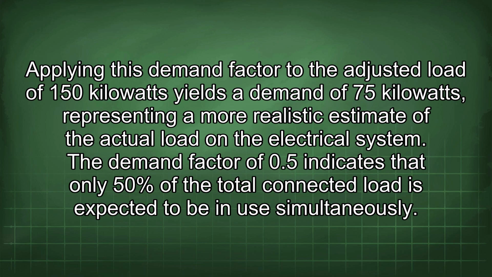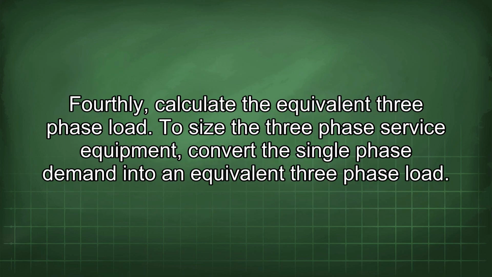Applying this demand factor to the adjusted load of 150 kilowatts yields a demand of 75 kilowatts, representing a more realistic estimate of the actual load on the electrical system. The demand factor of 0.5 indicates that only 50% of the total connected load is expected to be in use simultaneously.